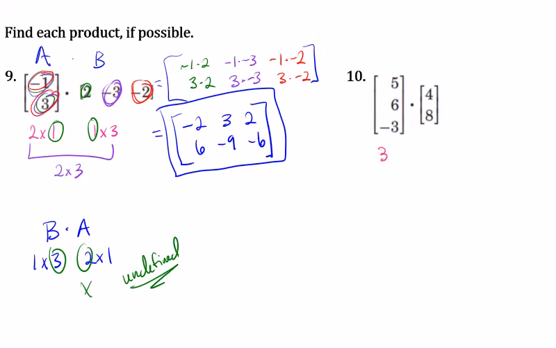So here we have a 3 by 1, and then here we have a 2 by 1. Okay, so those have the same number of columns, but the columns of the first don't match with the rows of the second. So this is undefined. Okay, so that's what you write as the answer in that situation.